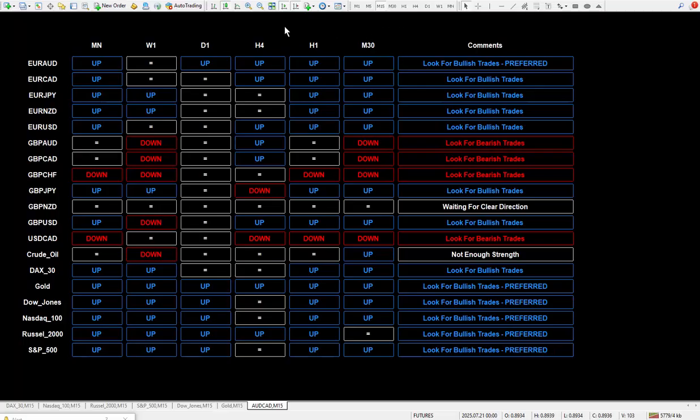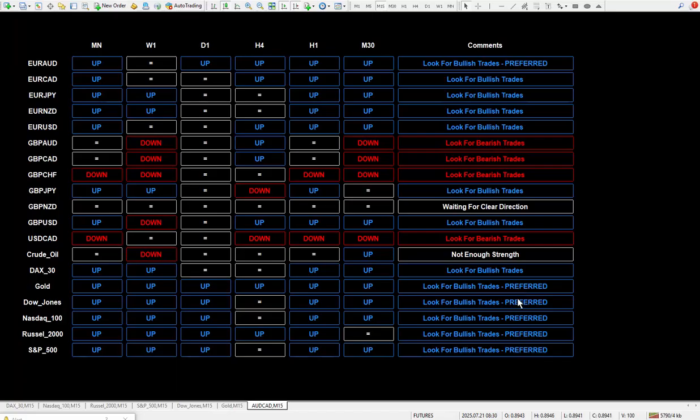Basically this daily trade plan checks all the different time frames from the monthly right down to the 30 minutes, and after some calculations within this comments box here, it'll suggest look for bullish trades, bearish trades, and sometimes you'll get preferred.